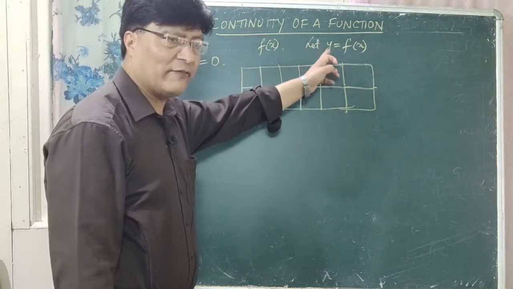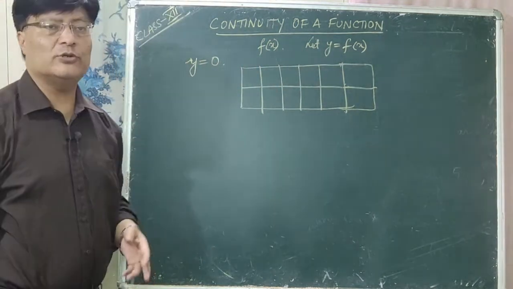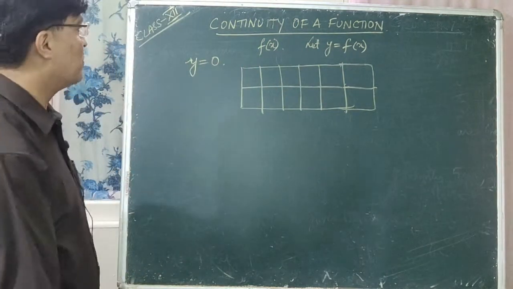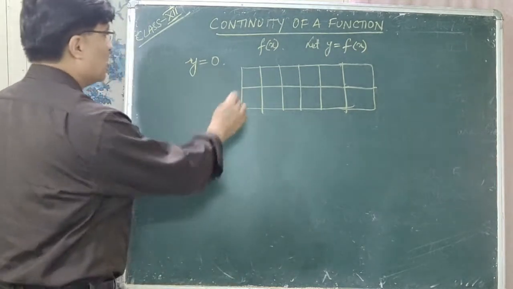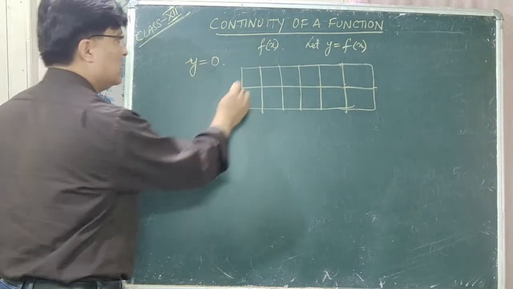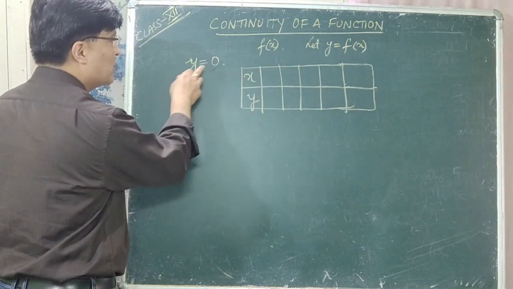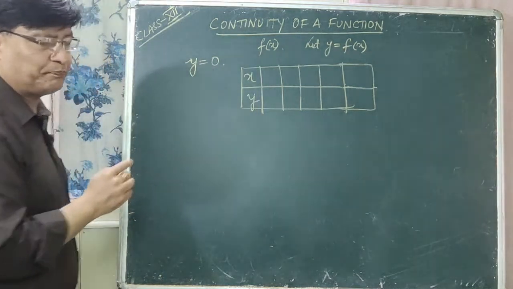Now y is equal to 0 is a constant value of y. Let us write x and here y. The value of y is constant, which is equal to 0.